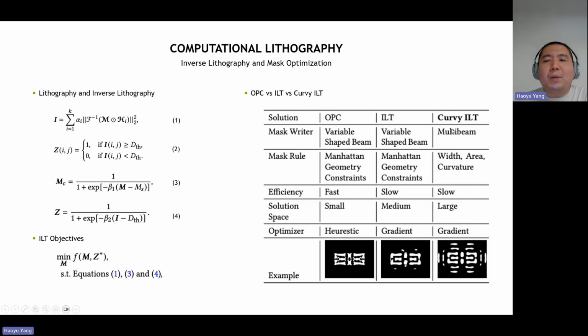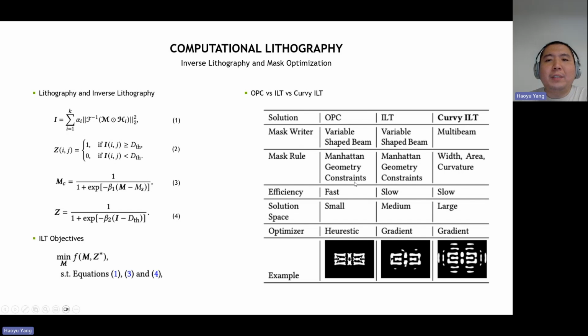And in this work, we're proposing curve ILT because recently the multi-beam mask writer came in, which allows freeform mask manufacturing. With this kind of objective, we are relaxing the Manhattan geometric constraints into a simpler version, where we measure the minimal width of the shape, the area of the shape, as well as the curvature of the shape.